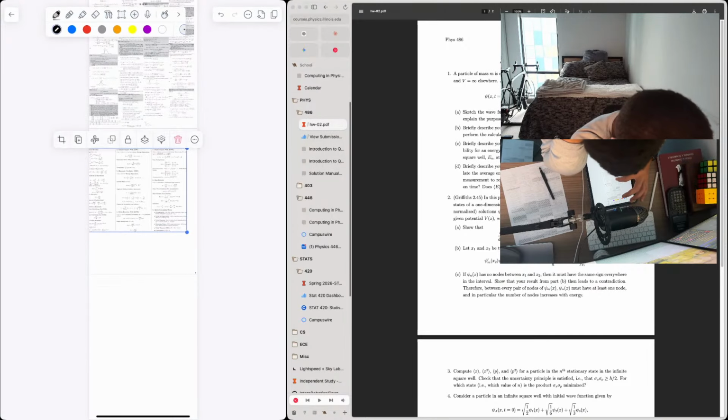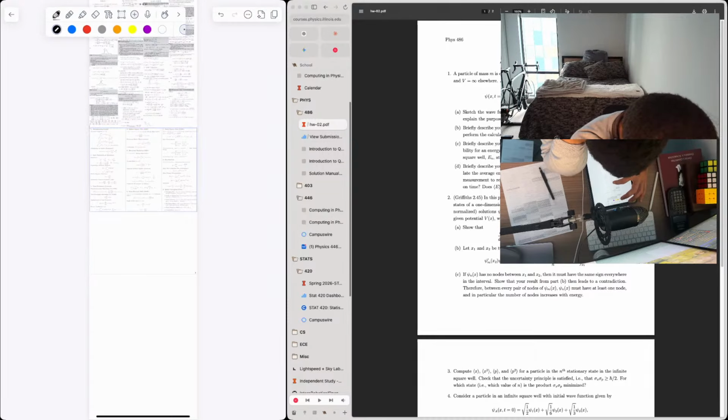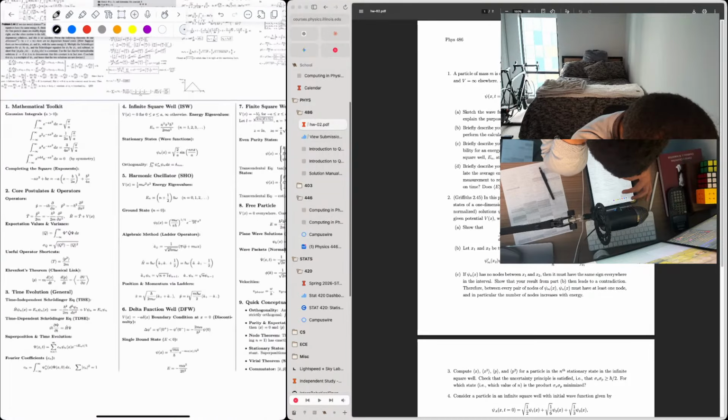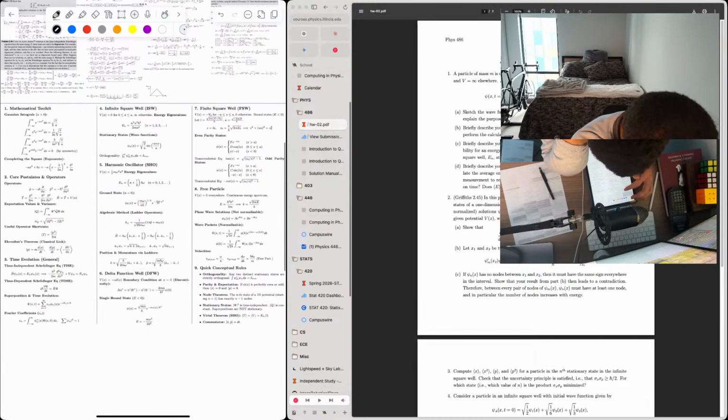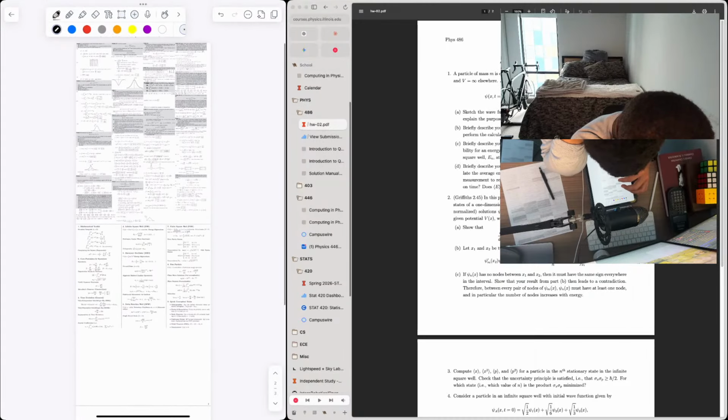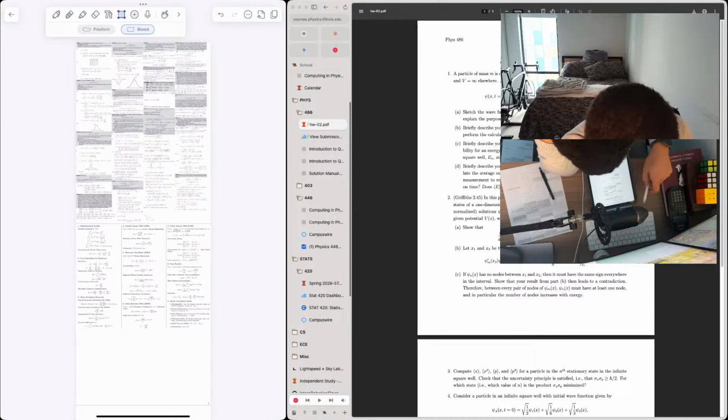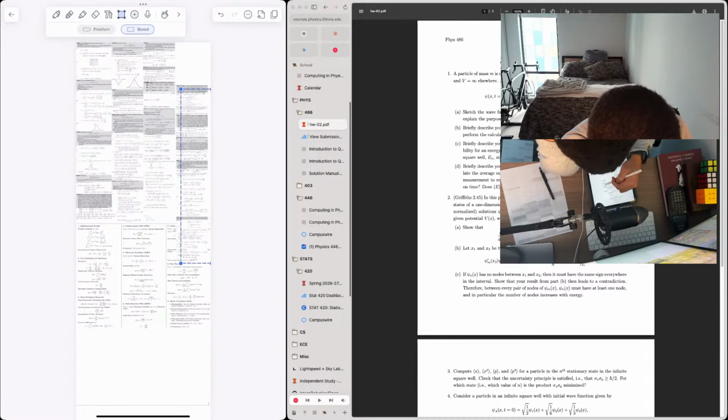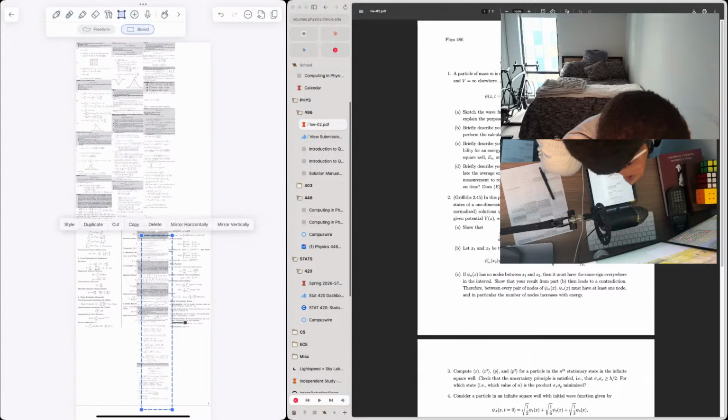If I wanted to make it better, this is what I would do. Put this like this. I'd move this whole column down here.